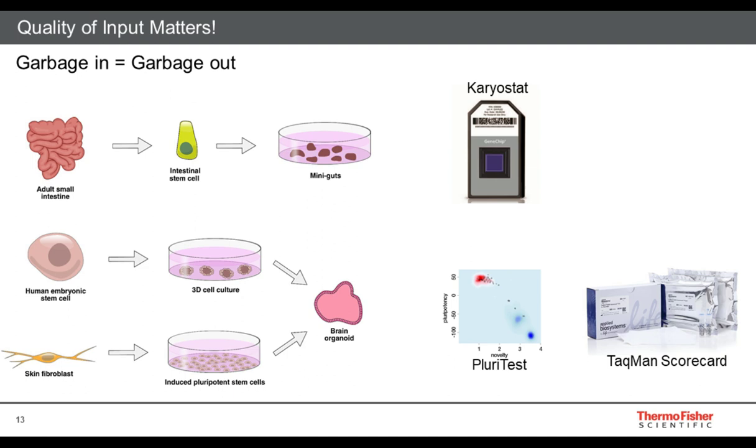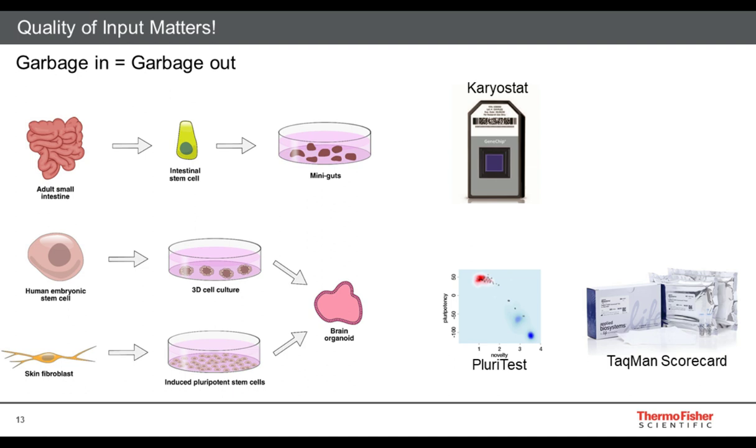So, with that in mind, one of the things that I'd like to briefly start with is talking about models, or organoid models in particular, that start from different types of stem cells. And one of the features that is also self-evident here is that the quality of the material you start with is extremely important.